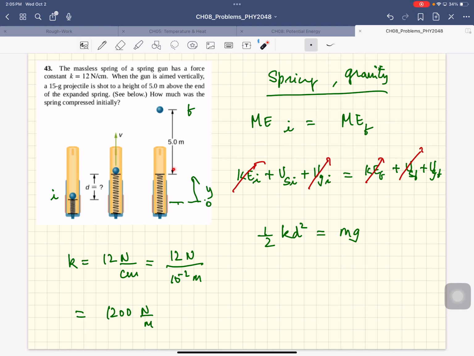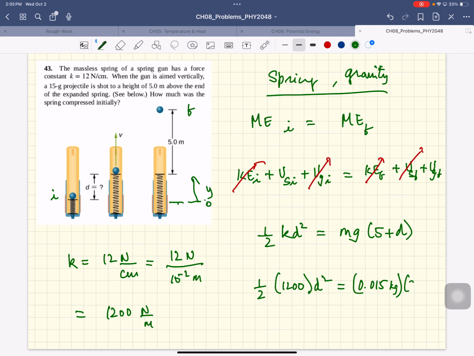And that's 5 plus d. k is 1200 newtons per meter. Mass is 0.015 kg times 9.8 meters per second squared times 5 plus d.